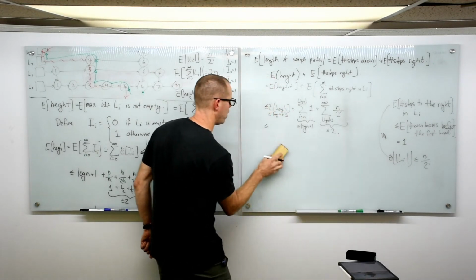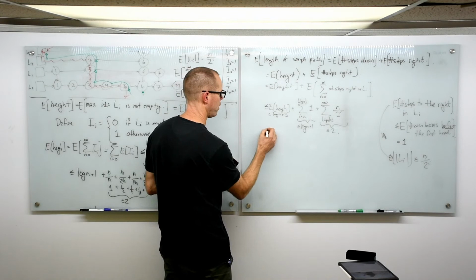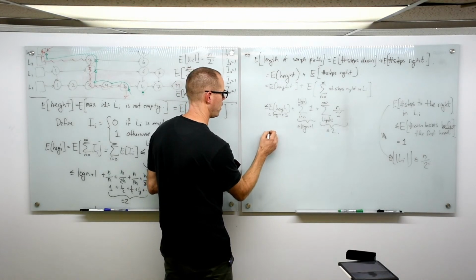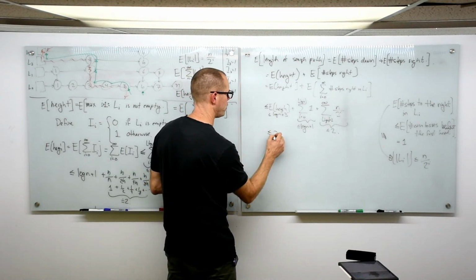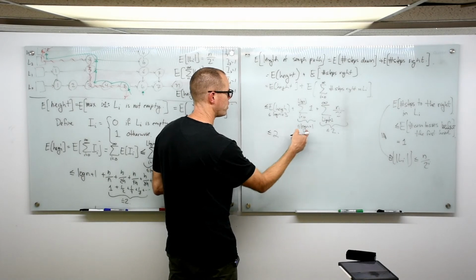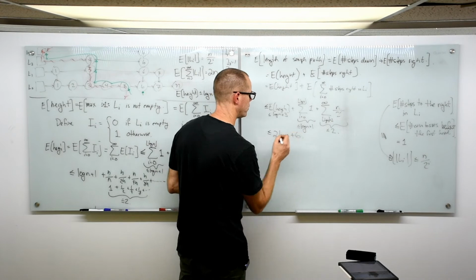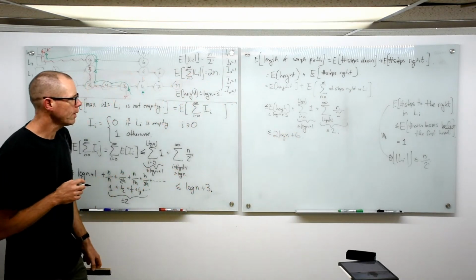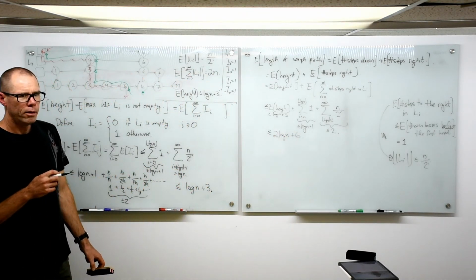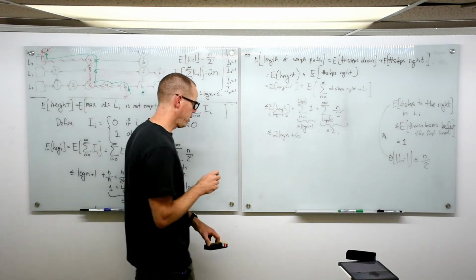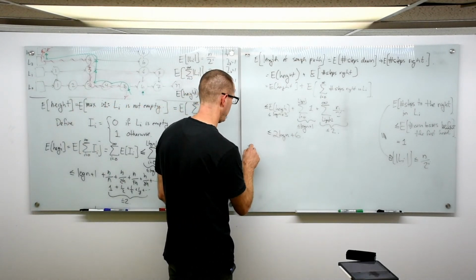So in total, we get less than or equal to 2 times log n, there's the 2 log n's, plus 6. And so that is the theorem that we needed.